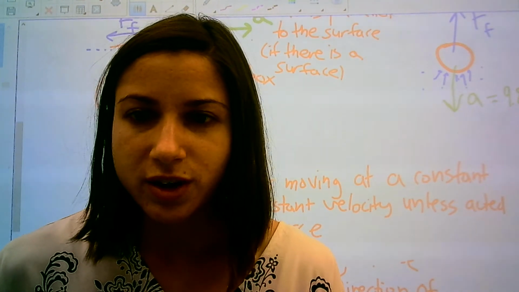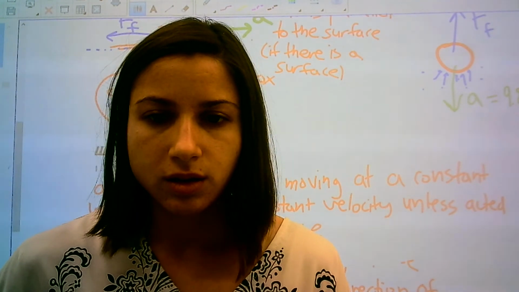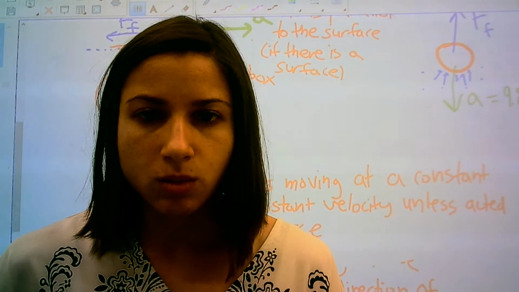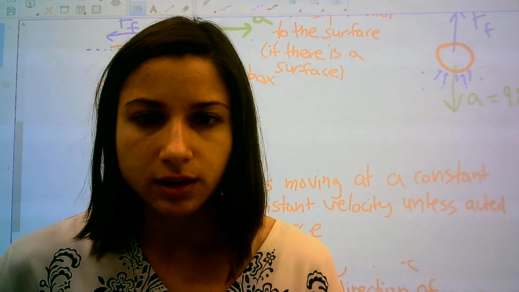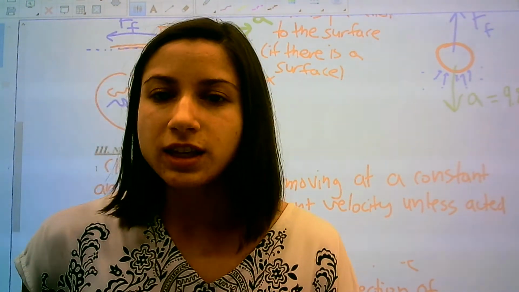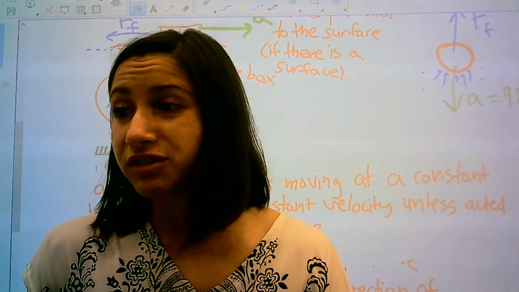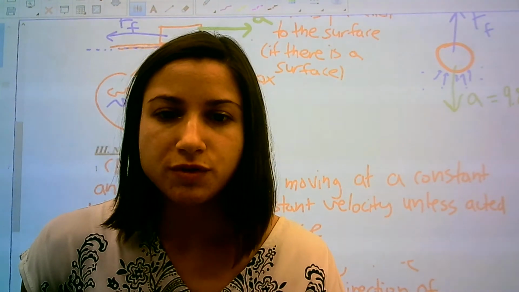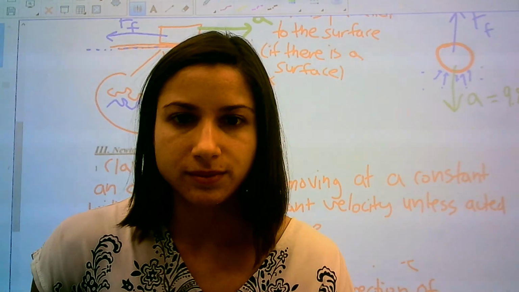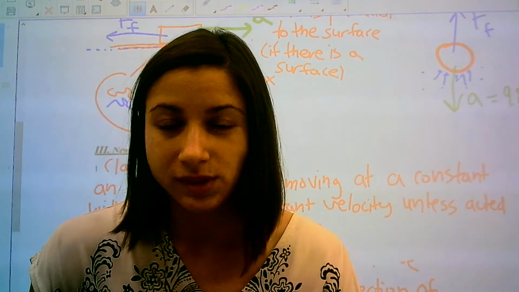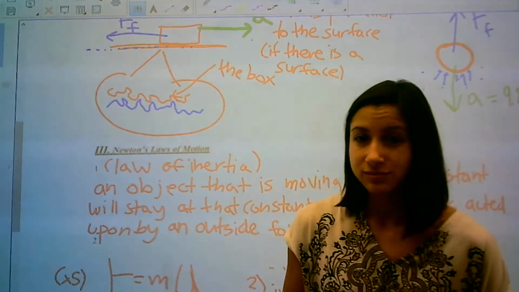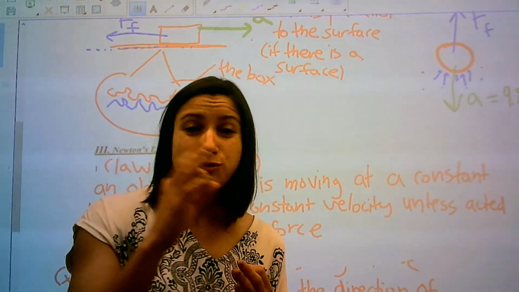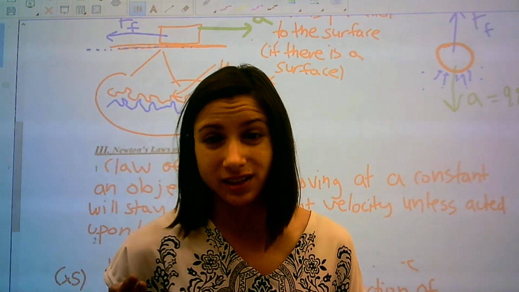If you have a super icy surface and you apply force but then let it go, it's still going to keep moving forever. There's no opposing force here. It's just moving and moving. There's no force applied anymore, because there's no force on one side and no force on the other side.